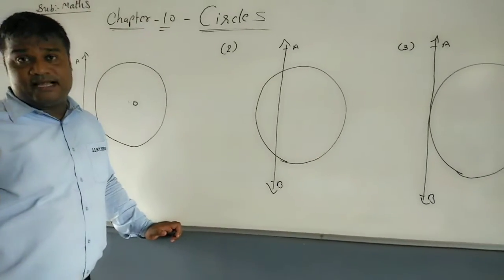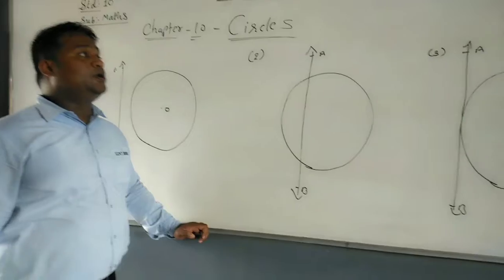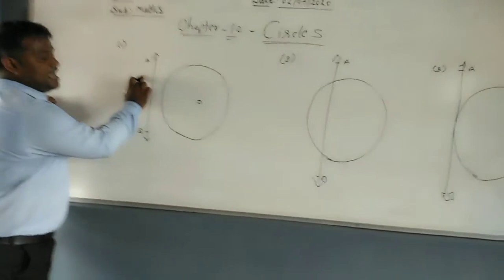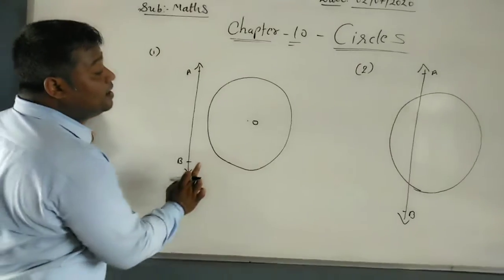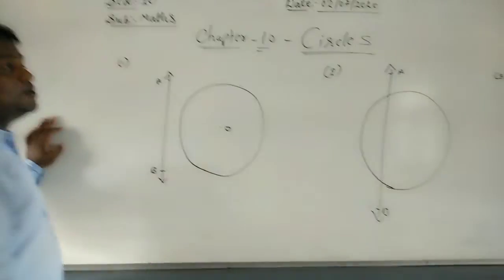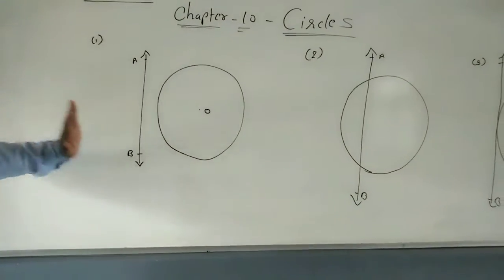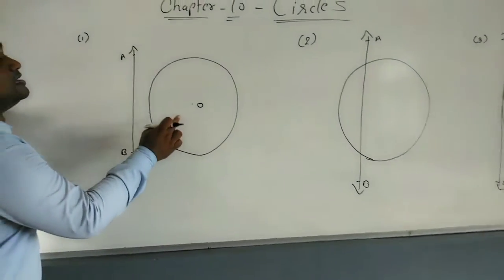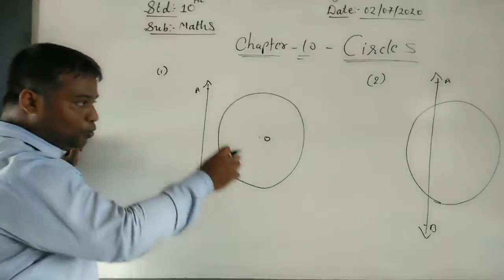It may be asked for 3 marks, or it may be asked for 4 marks. See, understand this condition. Line AB does not touch the circle, so the intersecting point is nothing. So your line AB is different from the circle with the center O.